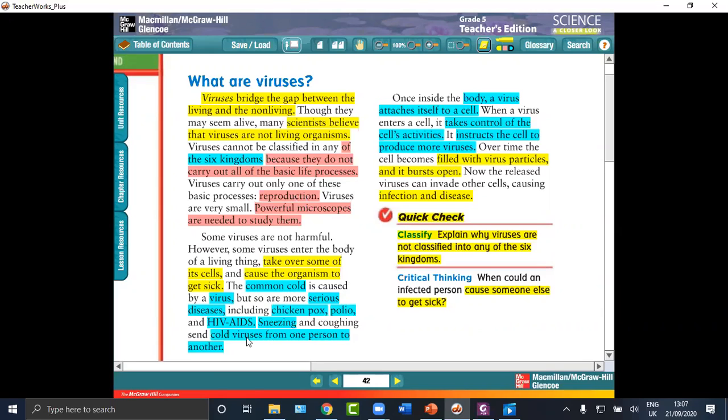Chickenpox, polio, HIV, AIDS, sneezing, and coughing. When the virus moves from person to person, a virus attaches itself to a cell, controls the cell activities, and makes it produce new viruses.